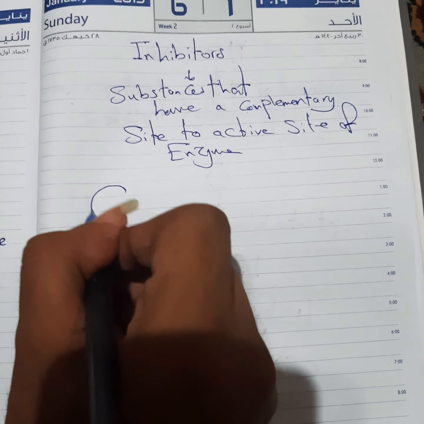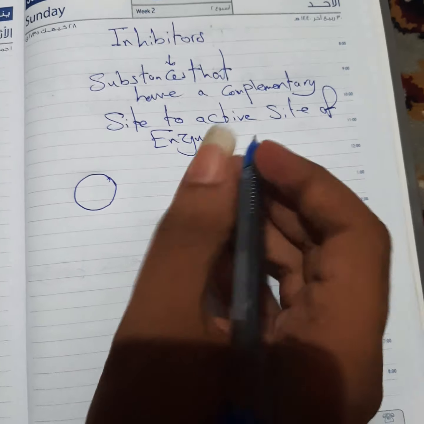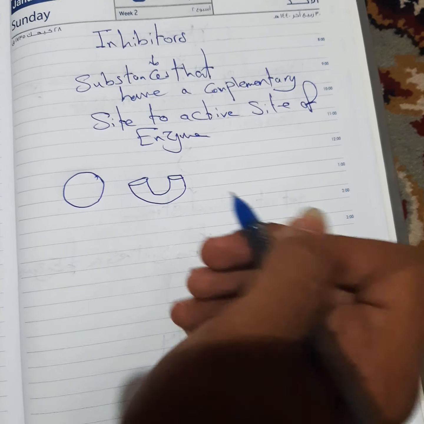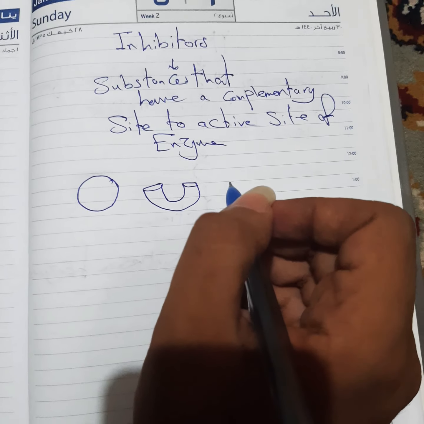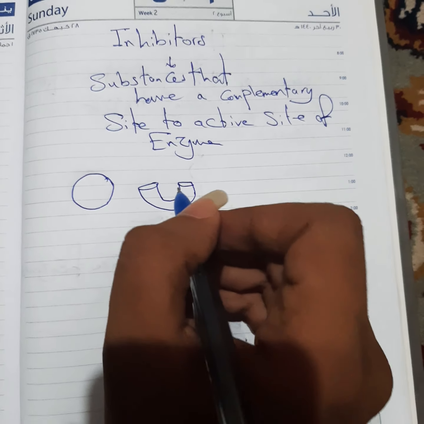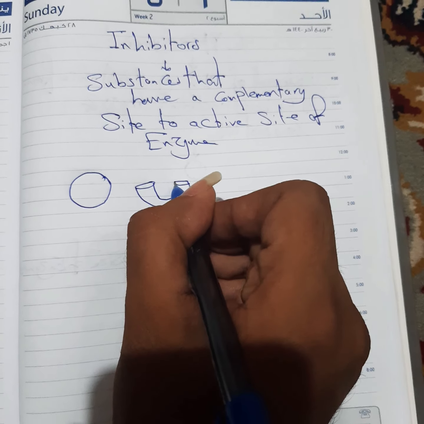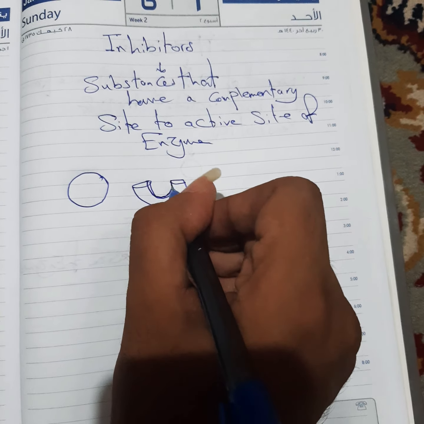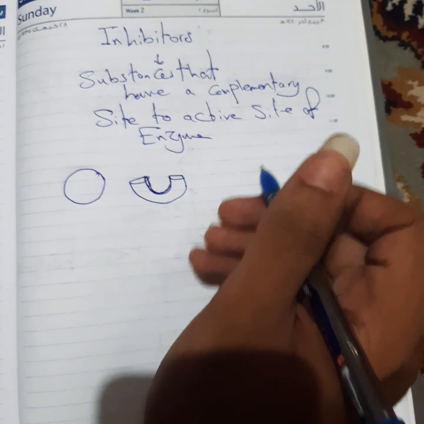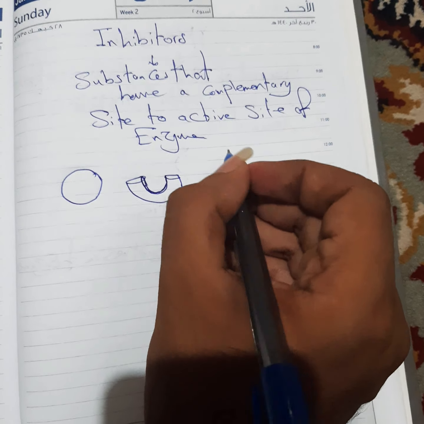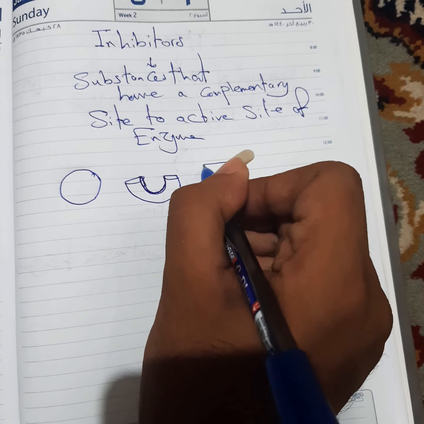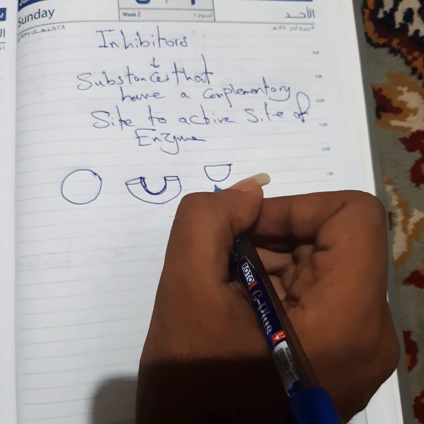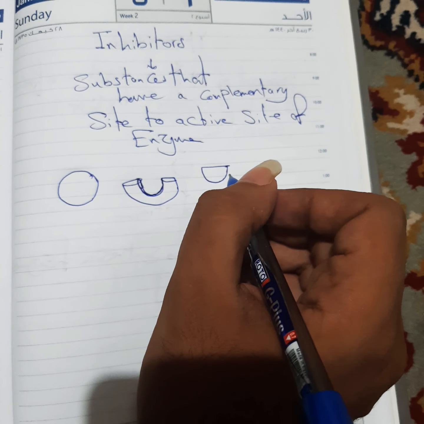If this is our drug modafinil, and if this is the enzyme, we will take an inhibitor which has a site complementary similar to this site. So we will consider that the inhibitor is of this shape. So we begin to understand the process.